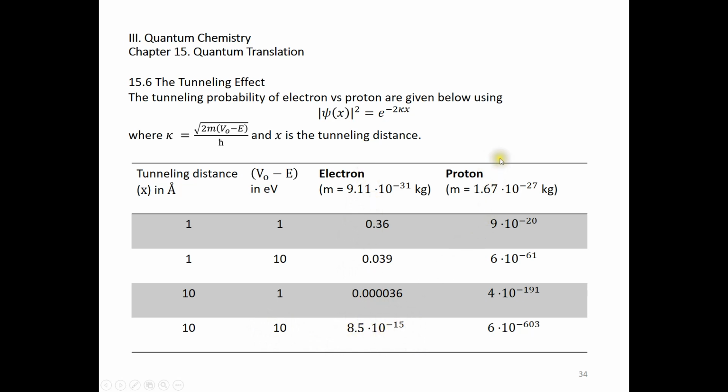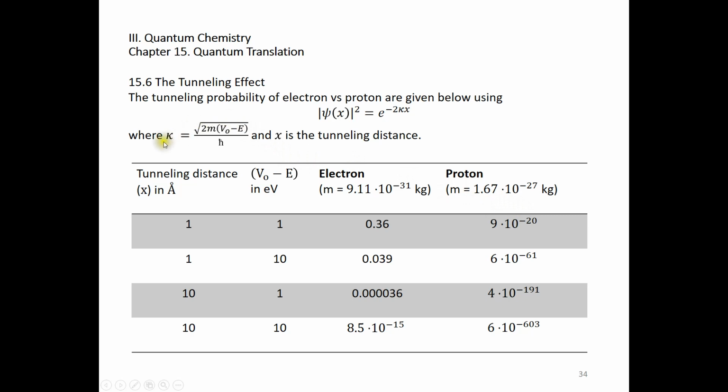You may ask, can we actually observe the tunneling of proton at all because this number is so small? Well, it's possible as long as we reduce this number or this number. So either way, if we have, for example, a much smaller number here than 1, or a much smaller number than 1 here, then we will be able to observe a much more significant tunneling of a proton.